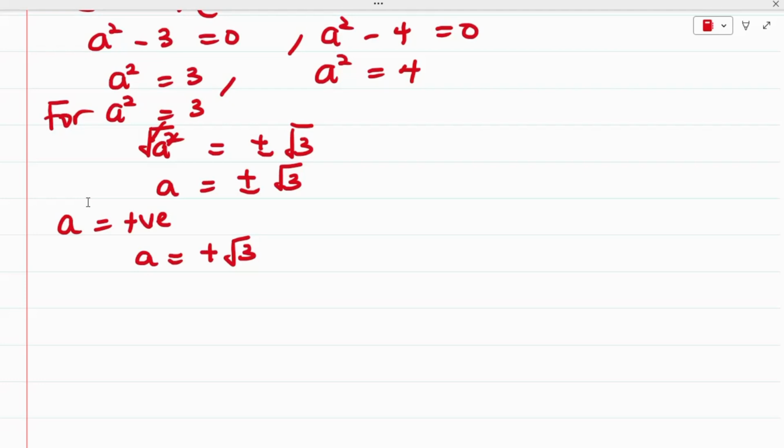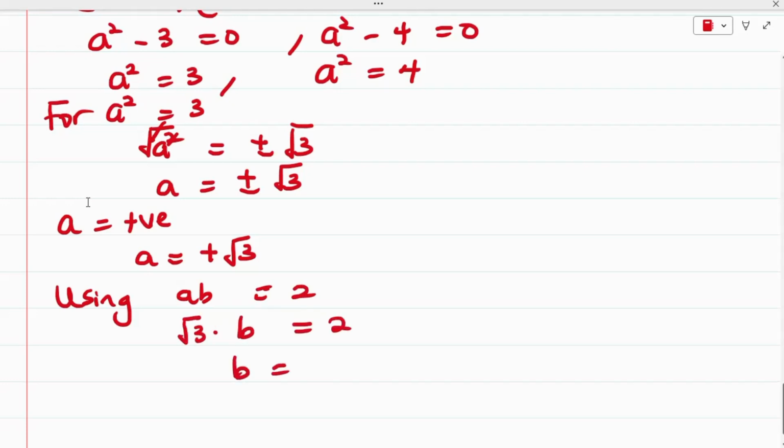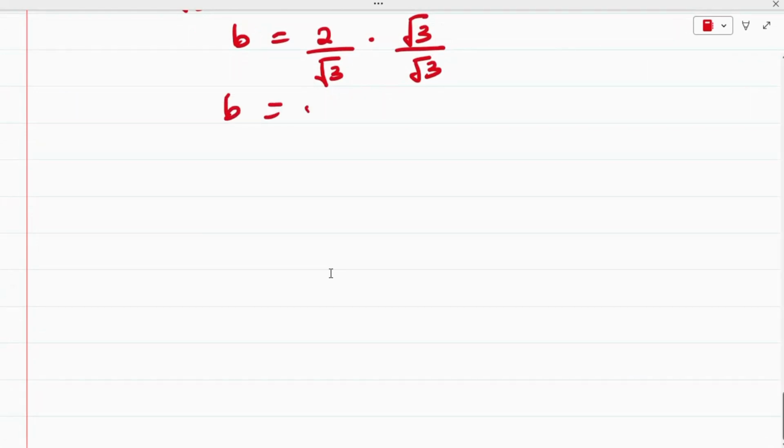Solving for b, we want to simply make use of ab equals 2. So if we make use of this, we have a, which is root 3, multiplied by b, equals 2. So b equals 2 divided by root 3. And if we simply rationalize this, we have b equals 2 multiplied by root 3 divided by root 3 multiplied by root 3, which is root 3 all squared.